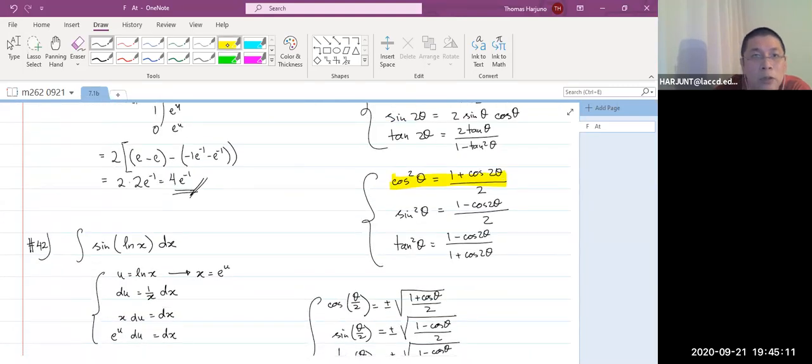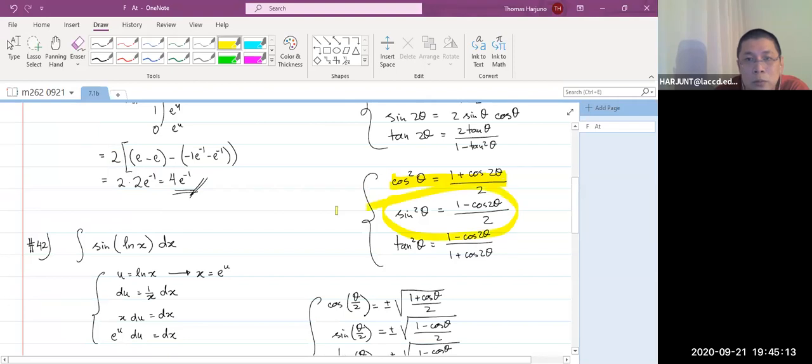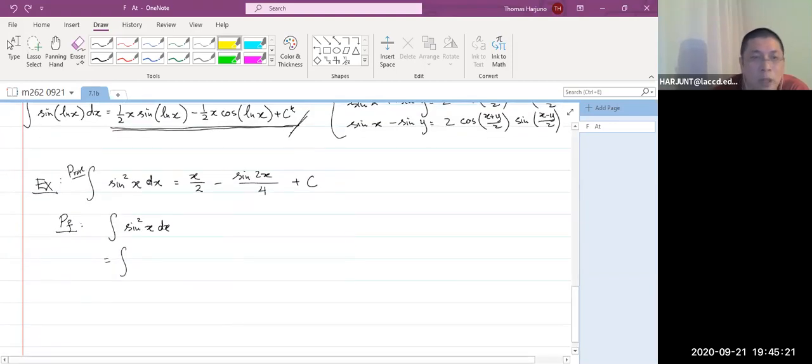Here, I will use this one. Okay, I will use that one. And this is integral of 1 minus cosine 2x over 2 dx, which is integral of 1/2 dx minus 1/2 integral of cosine 2x dx.